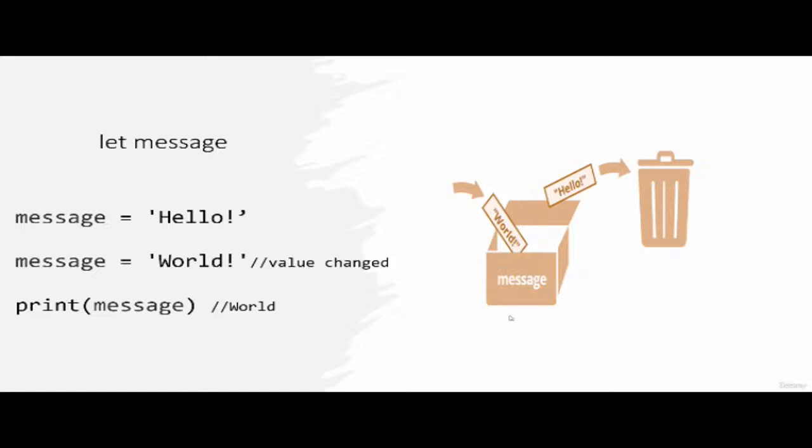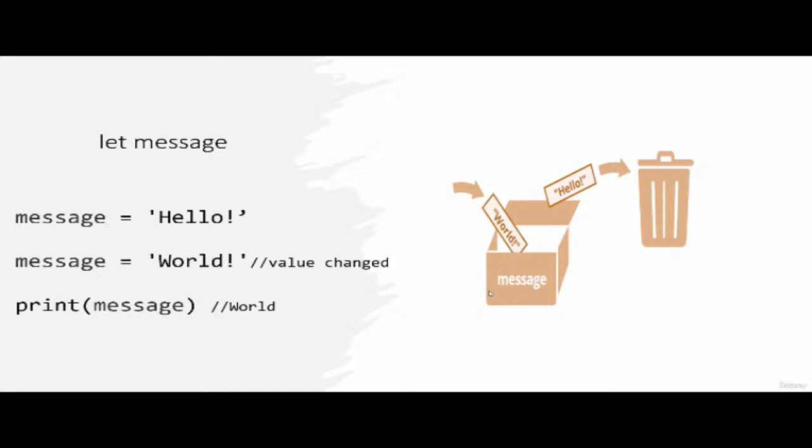Okay, now behind the scene, what Python will do is that it will actually throw out the previous information or the old information into the dustbin, and then we'll just store the latest information inside of this box. So now we just try to print out message. What Python will do is that it will actually show us the latest value that is stored inside of this variable message.